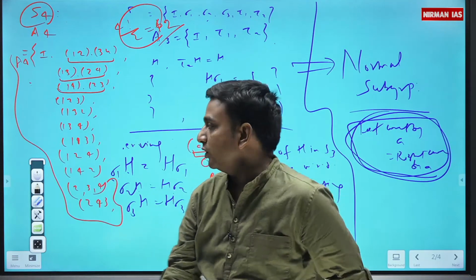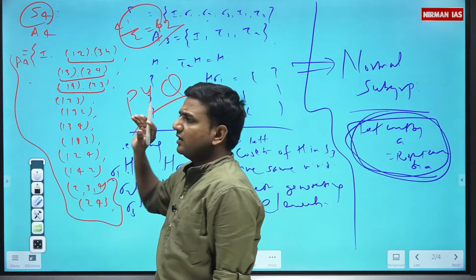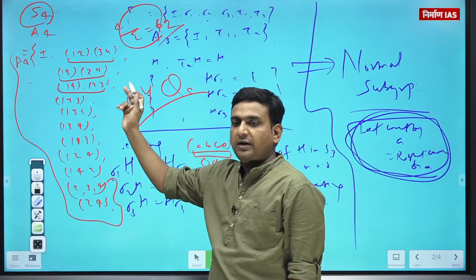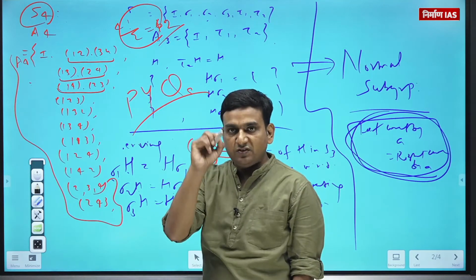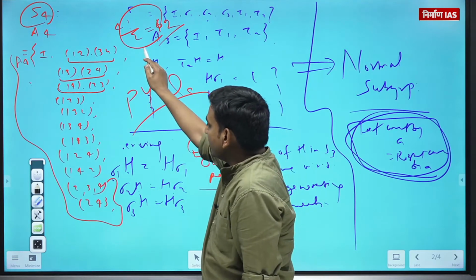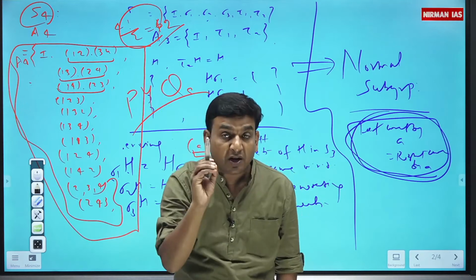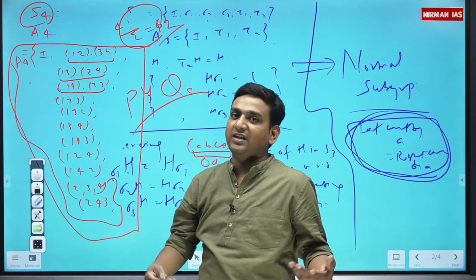And you can check your UPSC PYQs, previous year questions. You will definitely find some direct questions and some indirect questions on the alternating group. So for UPSC guys, I am insisting you have to remember this structure, A4. If you are able to understand, then everything is fine.